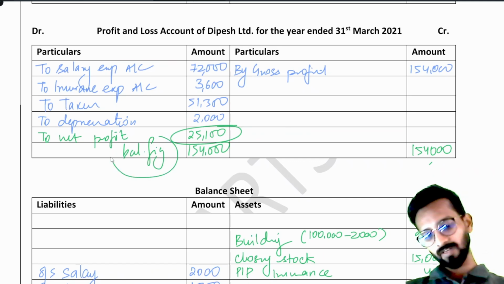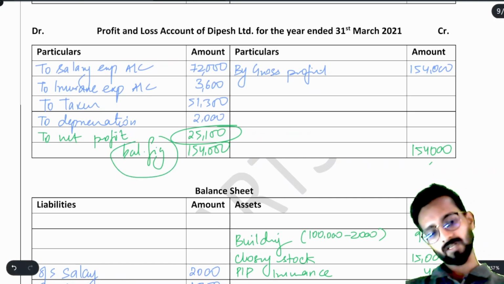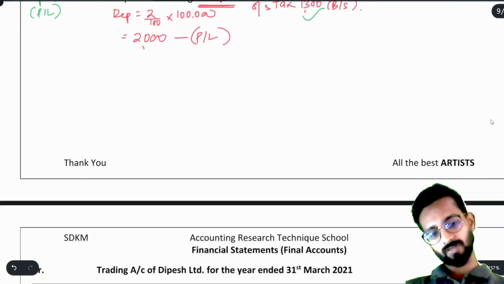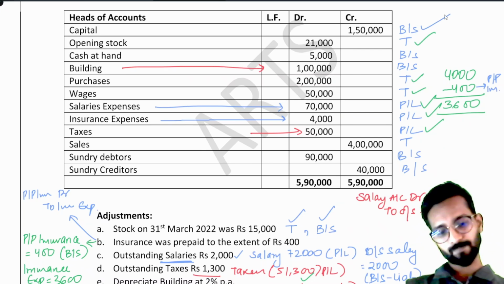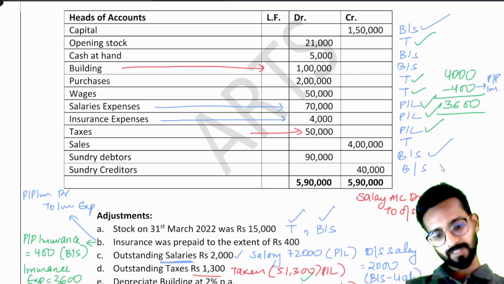Now you tell me where will our net profit go? Sir, owner's capital. Very good. How much is owner's capital? Check the balance sheet: 1,50,000 in owner's capital. This is a balance sheet item, and then debtors and creditors.